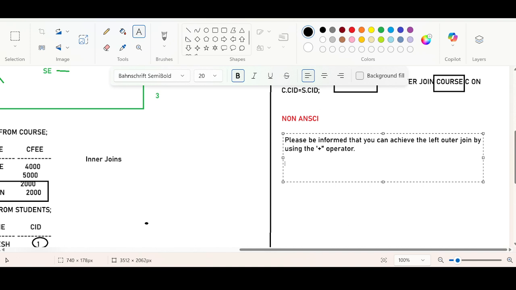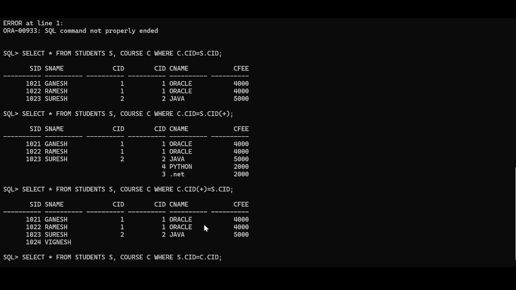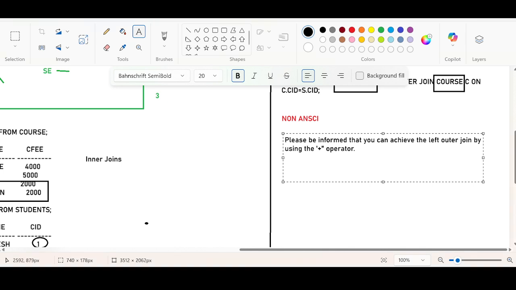Okay, and if you use this plus operator, 1 minute.